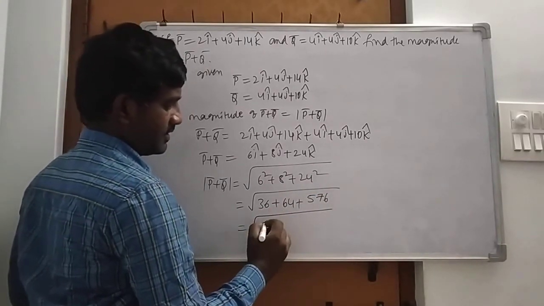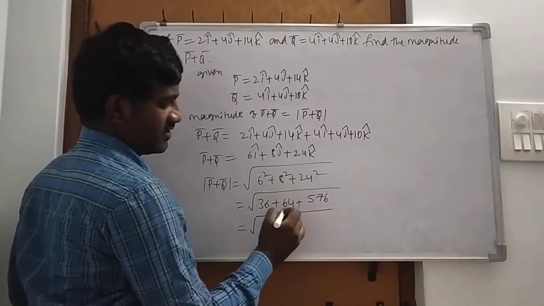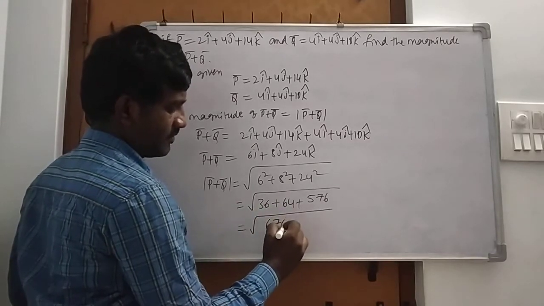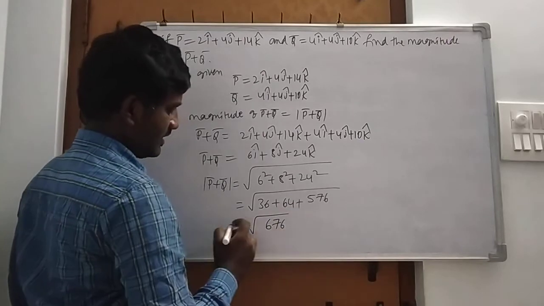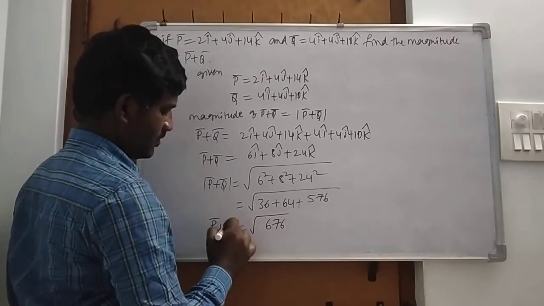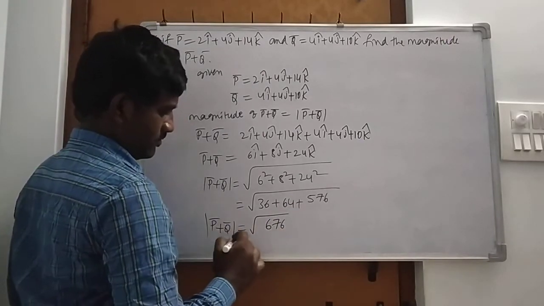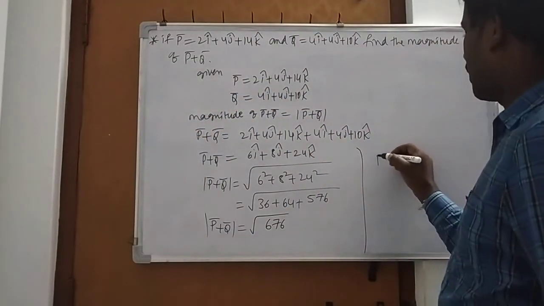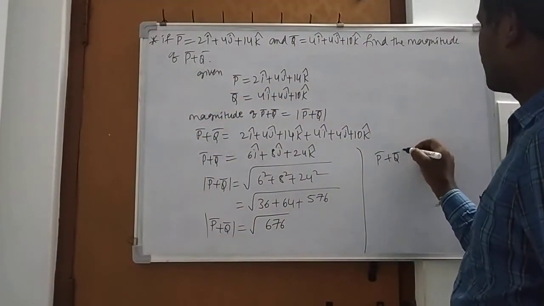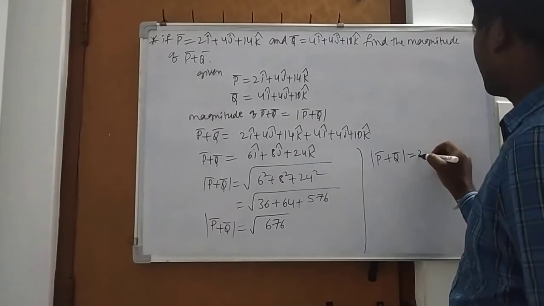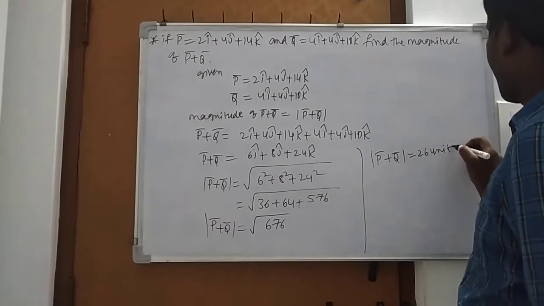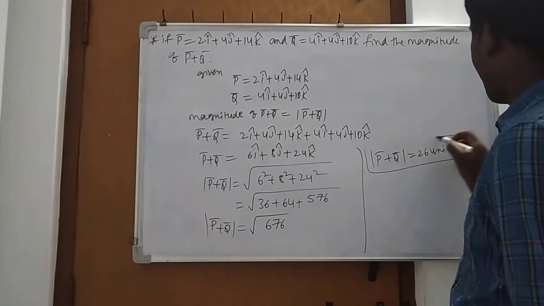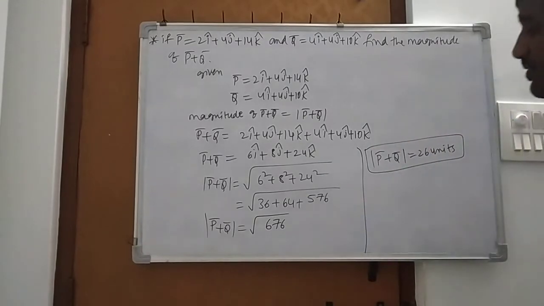So 36 plus 64 is 100, plus 576 is 676. The square root of 676 is mod of P plus Q, that is mod of P plus Q is equal to 26 units.